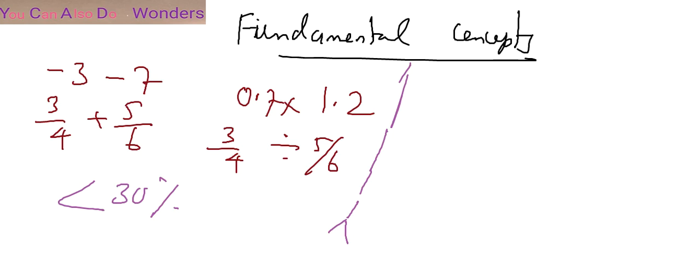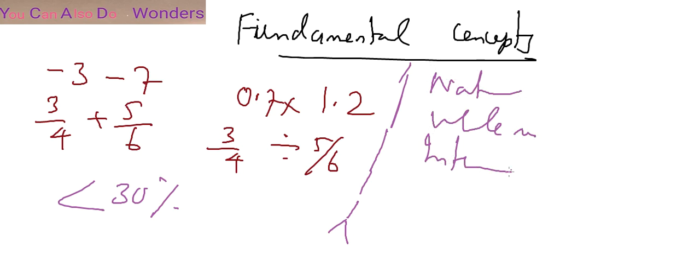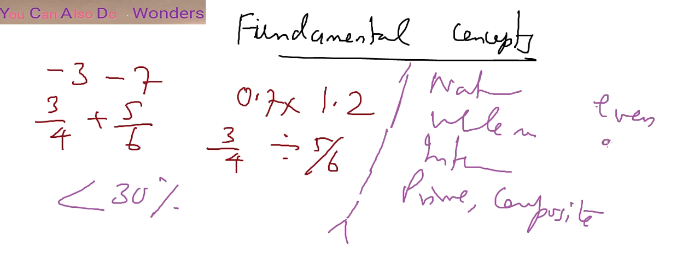At any time the student should be familiar with, for example, if you take number systems, what are natural numbers, whole numbers, integers, and what are prime numbers, composite numbers, even numbers, odd numbers, and co-prime.